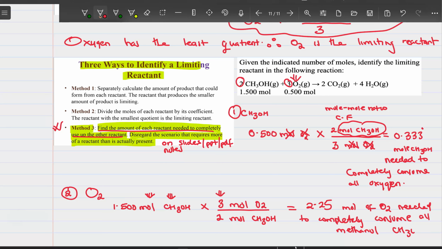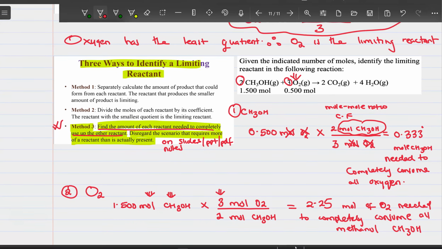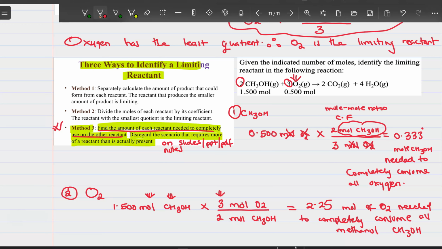Now, which of these two do you think is limiting? You can tell that what you have available for oxygen is only 0.5. The amount of oxygen available is 0.500 moles.